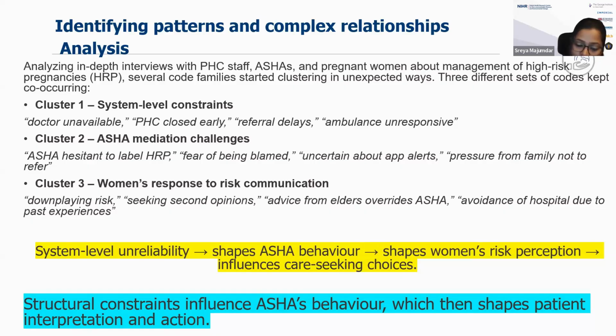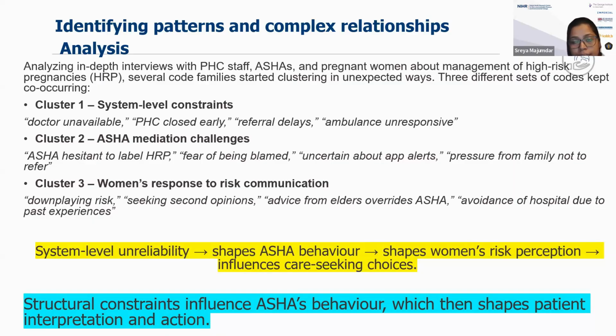And together, these independent codes come together, and you can cluster them and categorize them as women's response to risk communication. So, deeper cross-level relationships become visible when you start making clusters or categories of these codes.